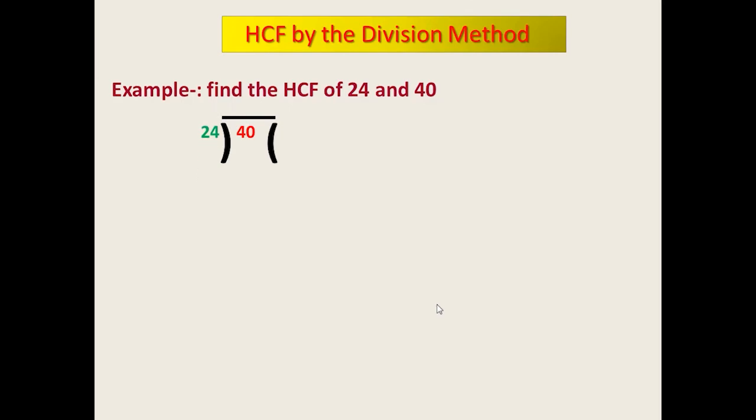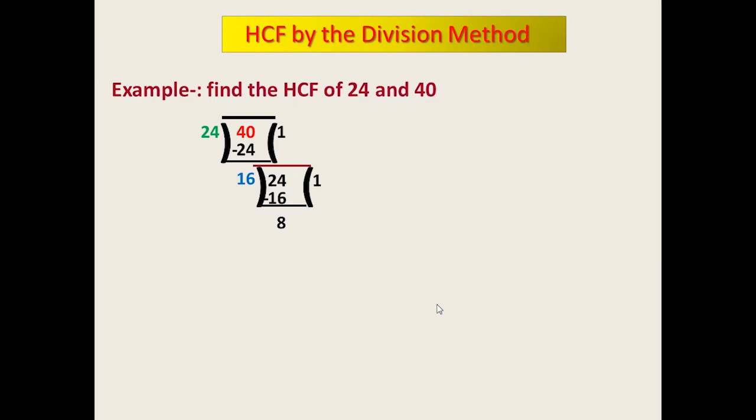Now divide 40 by 24. So 24 ones are 24. So remainder left, that is 16. Now divide the first divisor by its remainder. So 16 ones are 16. Now again the remainder left is 8.